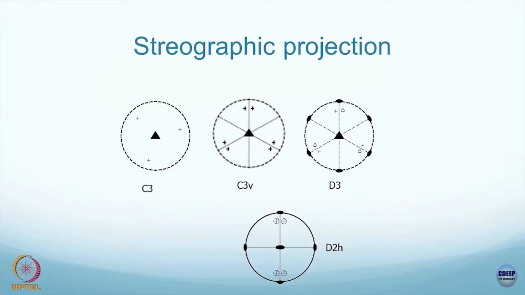Okay. So, if you take the ammonia molecule, D3 will involve E, C3, C3 squared, okay, and then you will have a U2, you will have a C3 U2 and C3 squared U2.